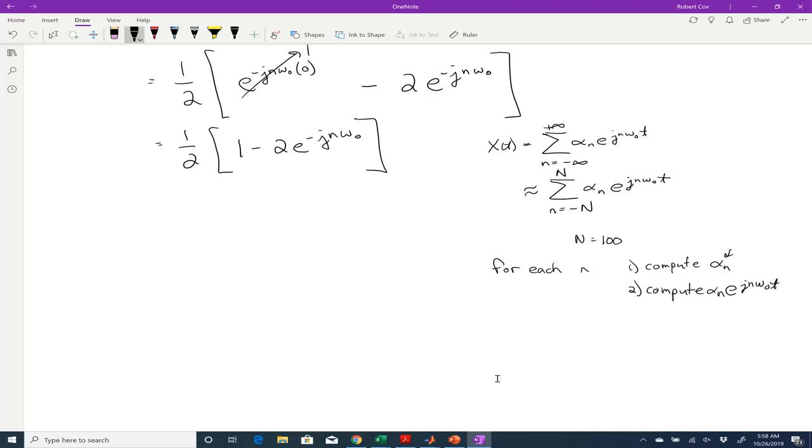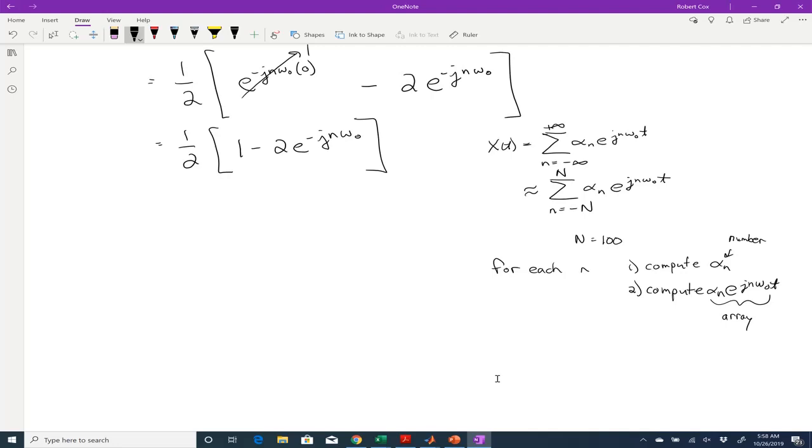This alpha n is just a number, remember? This here, however, is an array or vector, right? It's a series of numbers over whatever time period I'm looking at. I'm essentially going to get a function that covers that time span.